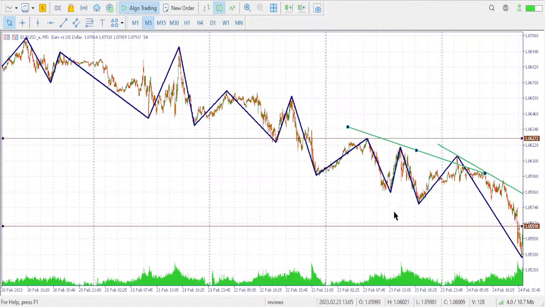We have here a resistance. The price got here. Instead of continuing upwards, it just went down and eventually hit the stop loss.